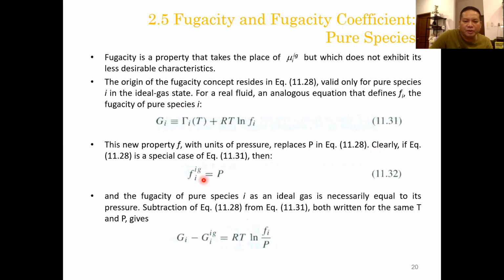We know that the fugacity of a pure species at ideal gas condition is equal to P. So we can rewrite it for the real gas minus the ideal gas as RT ln of f_i divided by P. Here f_i is the fugacity for the partial species i.